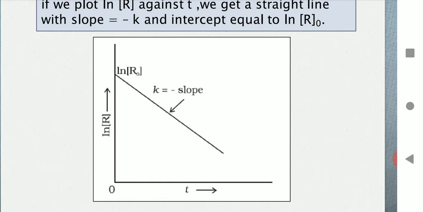If the graph is between ln R versus time t, and the graph is a straight line with a negative slope, then that graph indicates that the reaction is a first order reaction.